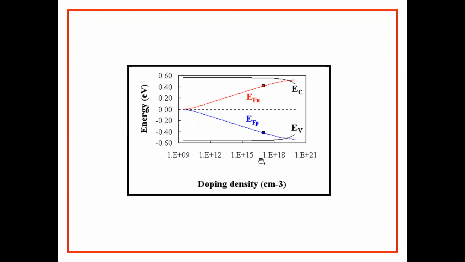This figure again shows the variation of energy with doping density, and we can see that as doping density increases, for N-type semiconductor the Fermi energy level moves closer to conduction band, and for P-type semiconductor it is closer to valence band.